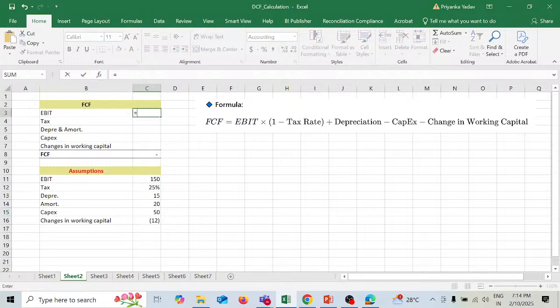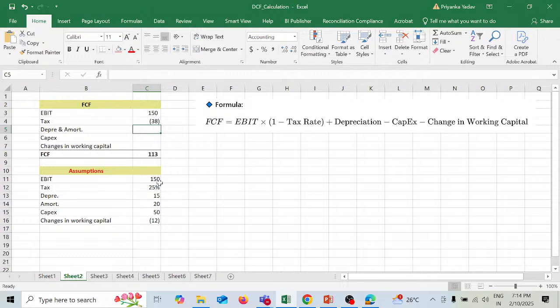EBIT will be as it is, there is no calculation in it. Tax over here, you've got EBIT multiplied with your tax rate, and since tax is an expense, this would be in minus, this would be negative.